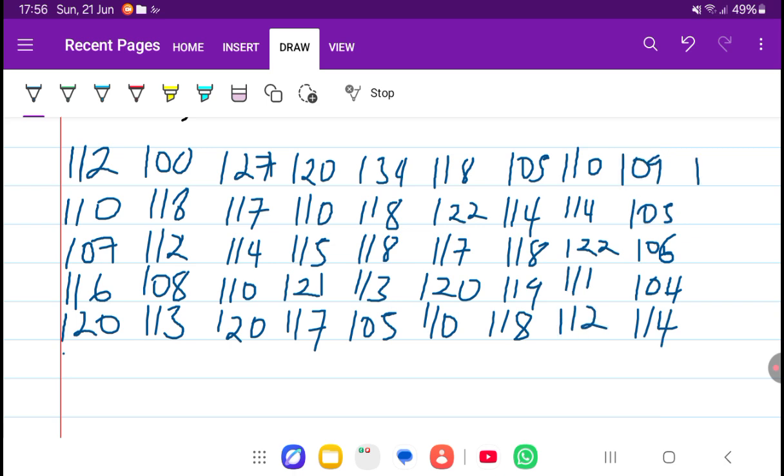Finally, we have 112, 109, 110, 111, 114. So the data seems to be a little bit huge, but that's it. So we get our solution.